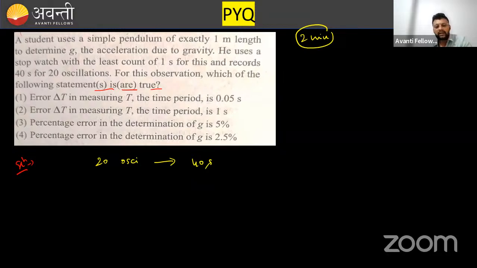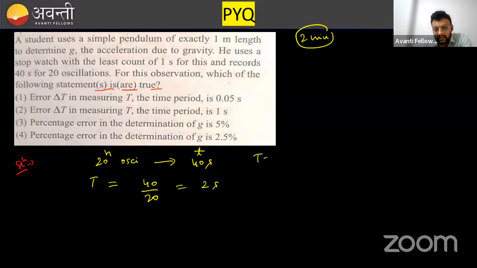Correct? Now can I say time period is 40 by 20? Is it correct? I can say these are the n oscillations. This time is t. So what is the time period? 2 seconds. I think this is clear.